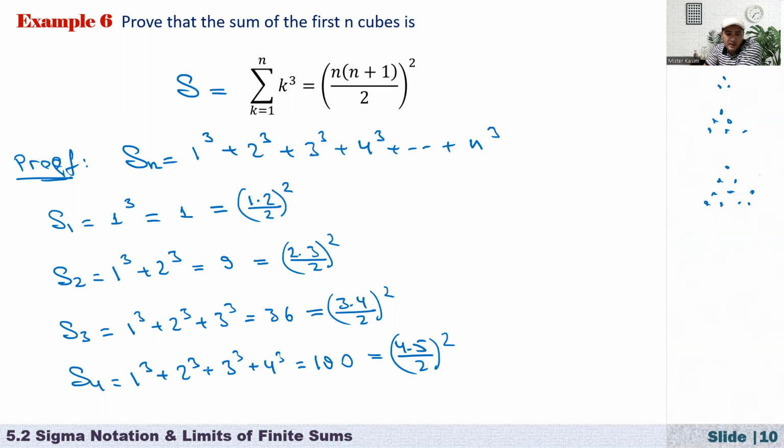Now looking at this pattern, I can make a good educated guess here. So S5 will be 5 times 6 over 2 squared. And S6 will be 6 times 7 over 2 squared. S8 will be 8 times 9 over 2 squared. After this, I can use the mathematical induction method to prove this.